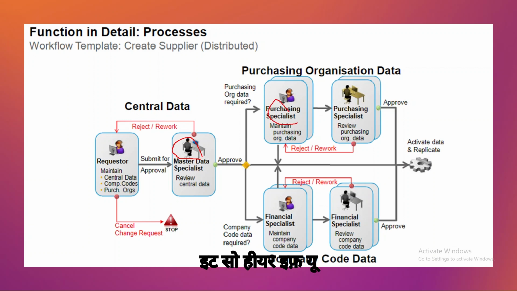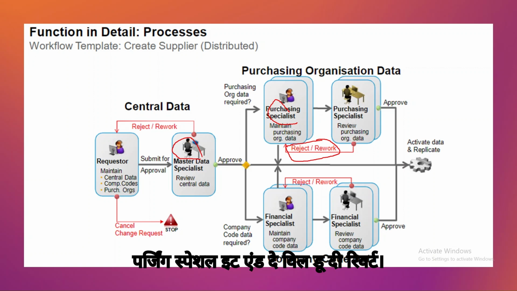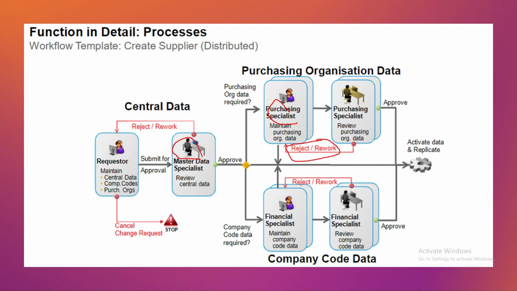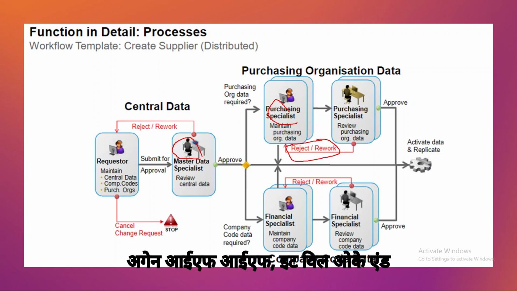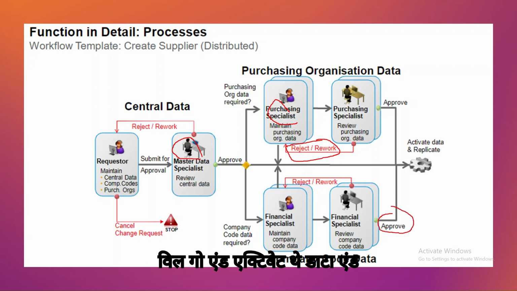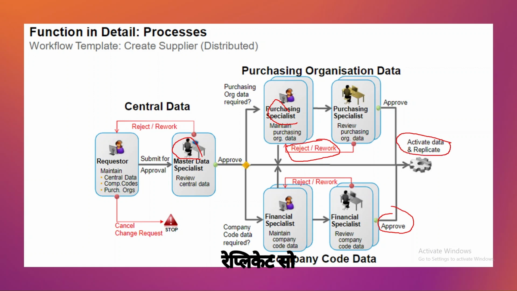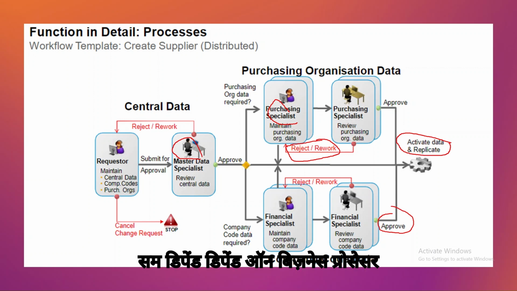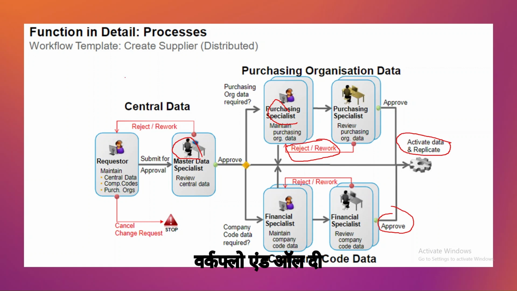If it is okay and they approve, it will activate the data and replicate. Similarly, depending on the business process, we can customize our own workflow and map all the approval processes in MDG.